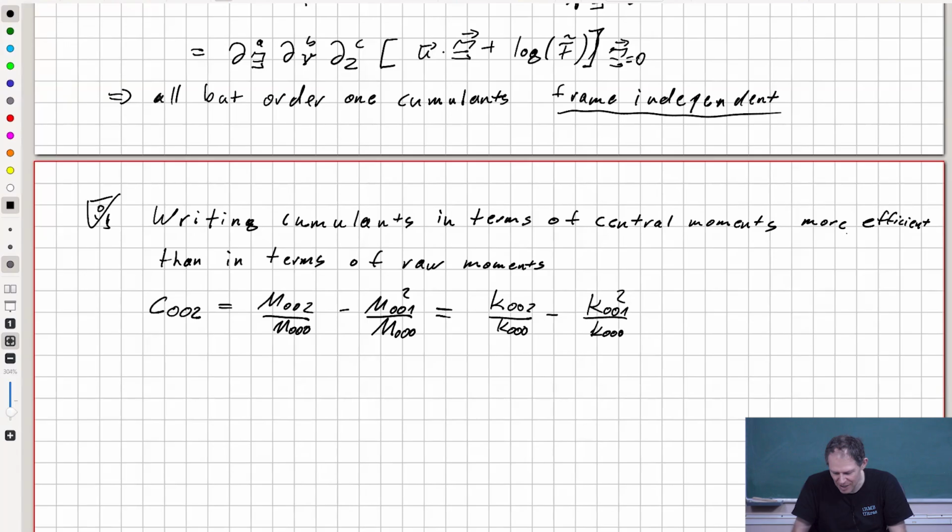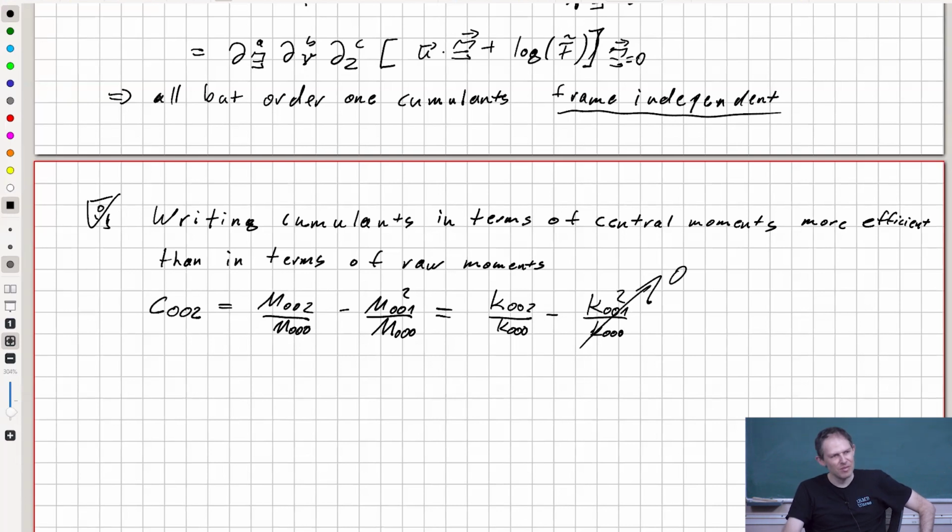This is simpler because usually if we compute cumulants in terms of moments, there will be many occurrences of first order moments coming in. And if we write them in central moments, then these first order moments are all 0.